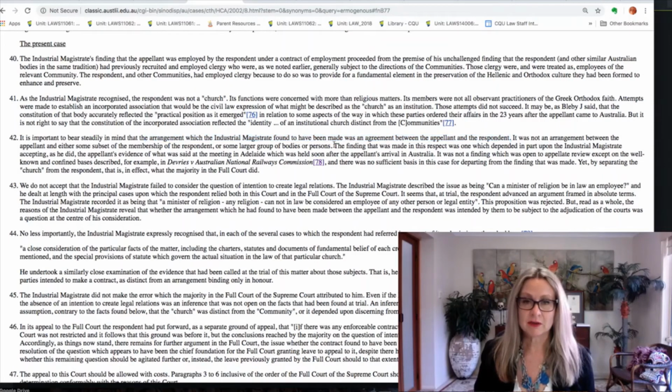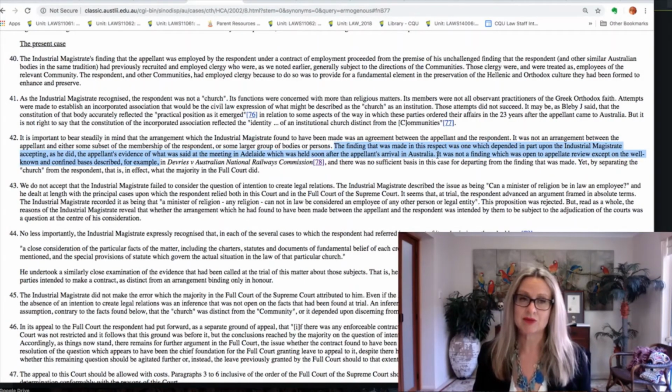That finding was based in part on the credibility of witnesses. What credibility of what witness? The appellant's, Homogeneous' evidence of what was said at the meeting in Adelaide that was held soon after the appellant's arrival in Australia. It was not a finding which was open to appellate review except on the well-known and confined bases described, for example, in De Vries.